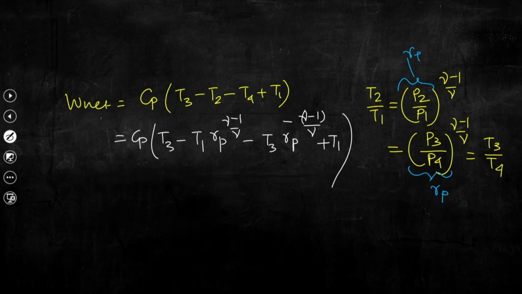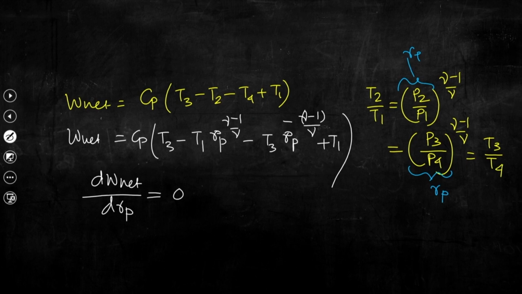So, now question is, we could write the expression of W net in terms of Rp, right, you can see from here. So, what we can do, we can calculate Rp optimum, for which dW net by dRp would be equal to 0.